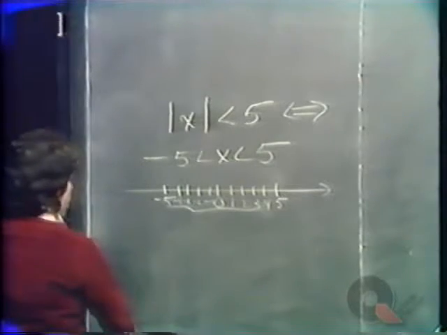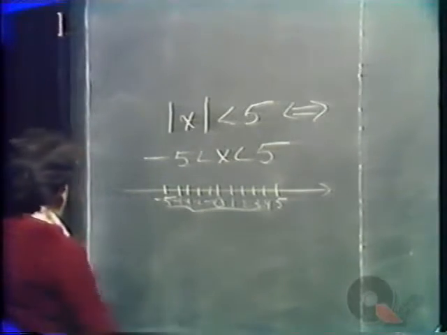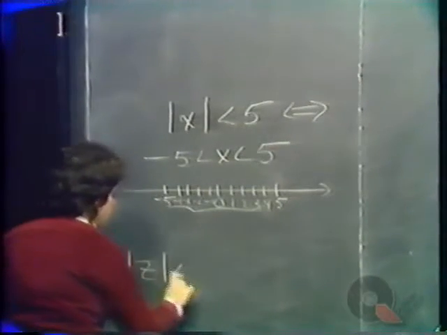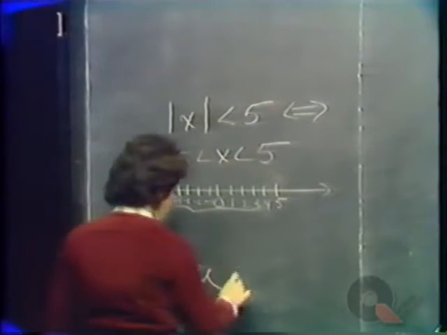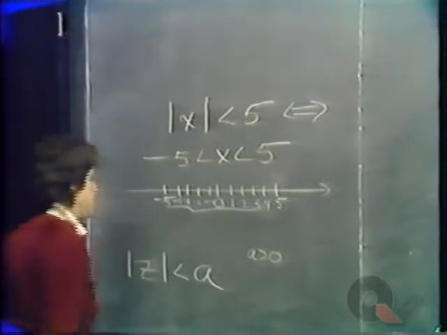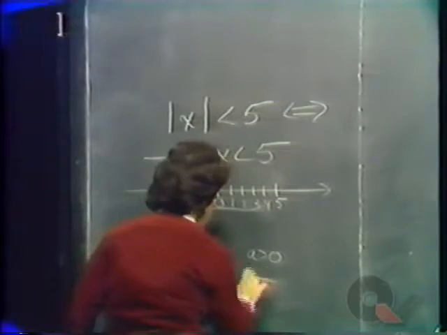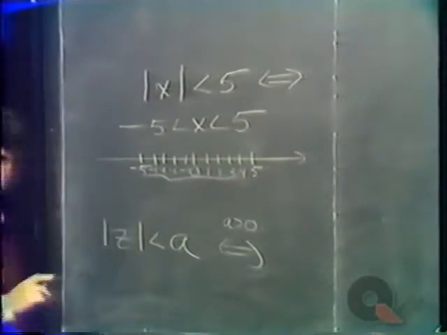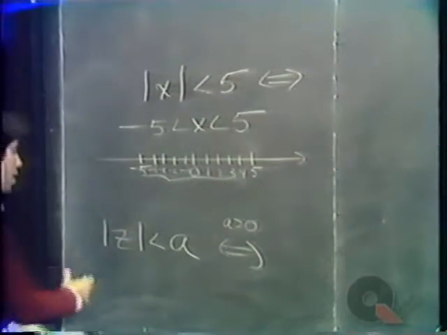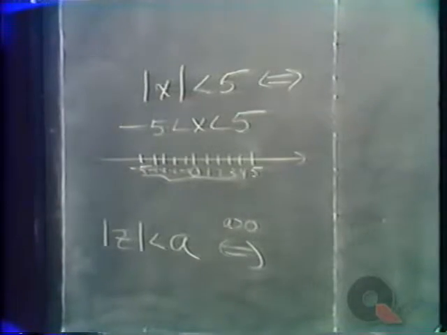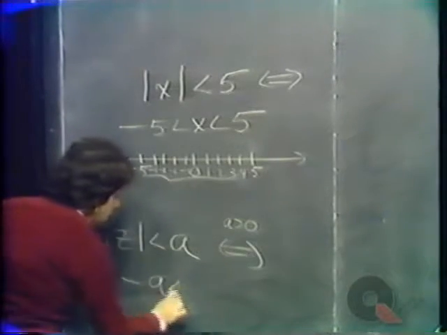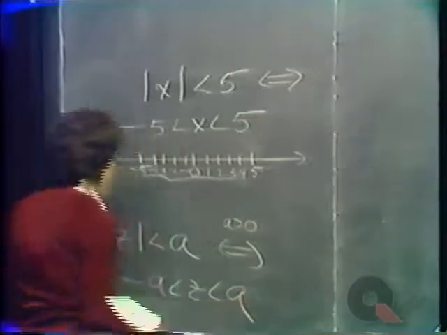Okay. We can extend that in general. If we have the absolute value of z is less than a, where a is some positive number, we can say that this inequality with absolute value is equivalent to the following continued inequality without absolute value: minus a less than z less than a.